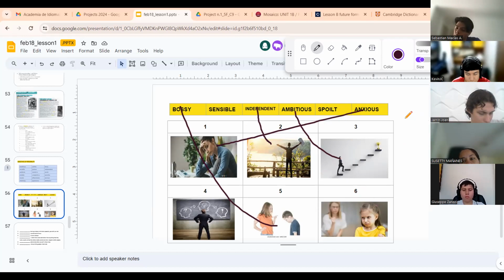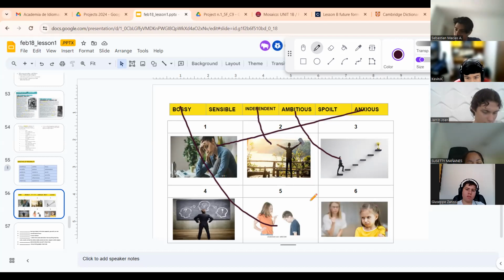I think spoiled is number 5, and sensible indeed is number 6. Because spoiled means malcriado, and in number 5, the girl lo está regañando. So I think it's spoiled, number 5. And sensible, the girl is like maybe annoyed and maybe sad.